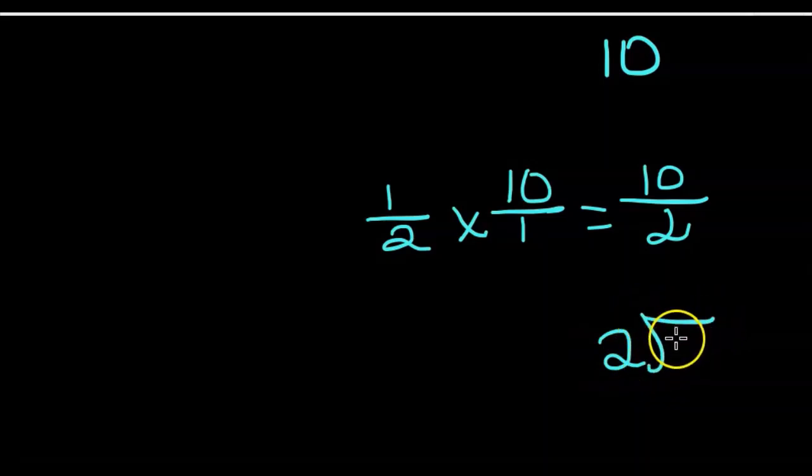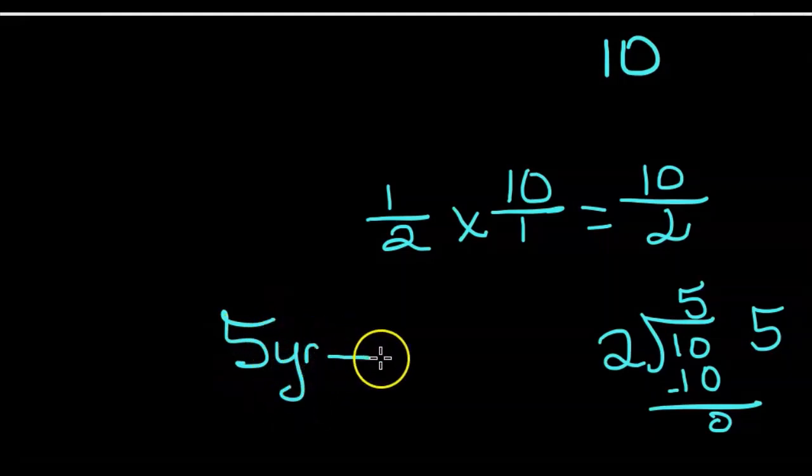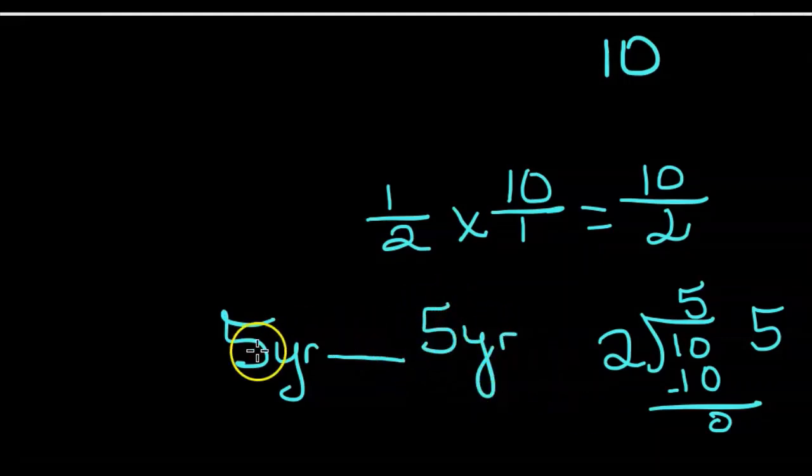How many times will 2 go into 10? 5 times. 5 times 2 is 10. No remainder. So my whole number would be a 5. So what it's really asking is 5 years less than, greater than, or equal to 5 years. All right. Believe that would be exactly the same, so that would be equal.